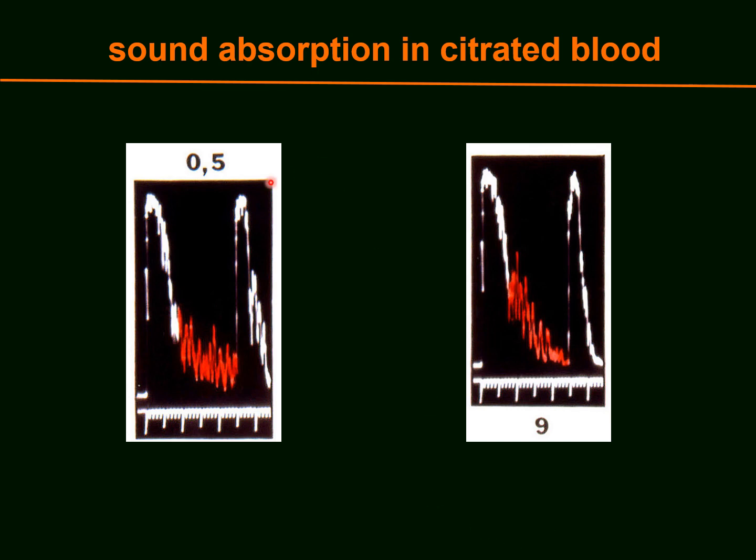And when we look at the 500,000 cells per cubic millimeter versus the 9 million cells per cubic millimeter, we see a clear-cut difference in the decline of spike height, the absorption sign, even though the average spike height is the same. So erythrocytes absorb much more than plasma.